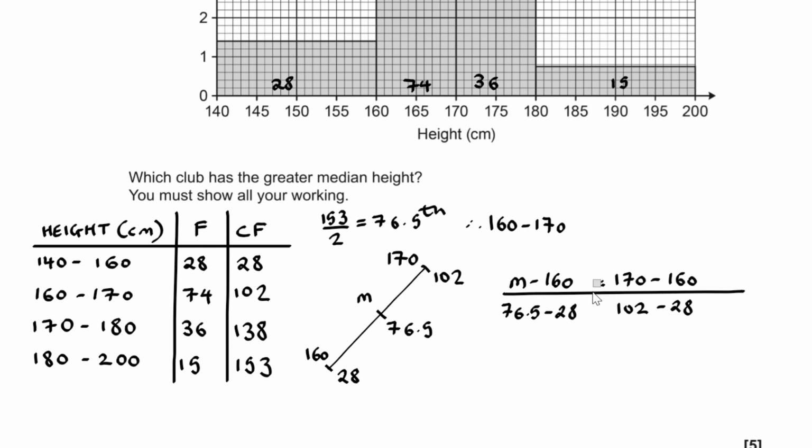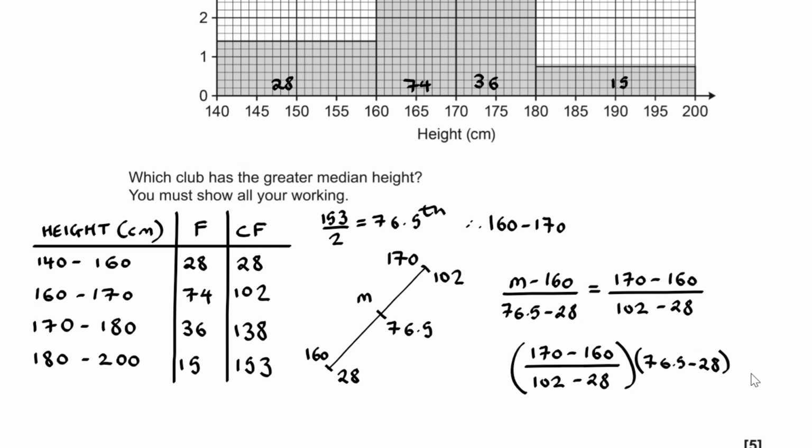And our job is to find out what m is, the median. So to find out what m is, we've got this value being multiplied by 76.5 minus 28, and then we add on the 160.